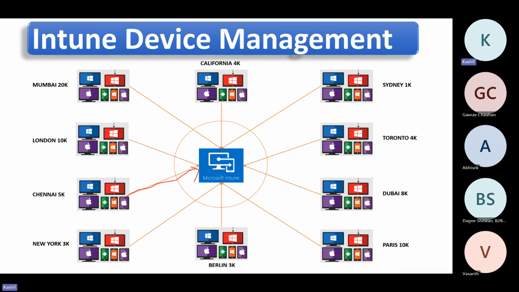So let's say 5,000 devices are in Chennai, 10,000 devices in London, 20,000 devices in Mumbai. Similarly, in other locations. So from each location, we have to enroll the devices into Intune. And from Intune, you can control these devices. Okay, you can control all these devices from the Intune portal.